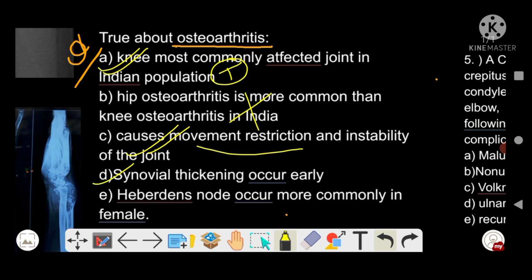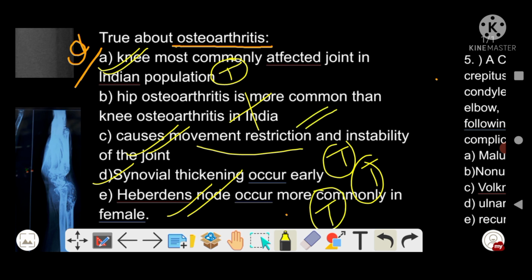Synovial thickening occurs early. This is also true, we saw that. And talking about the last option, Heberden's node occurs more commonly in females. This is also true, and it is 10 times more common in females. We saw that, right? So options A, C, D and E are correct, and B is false, right? Okay.